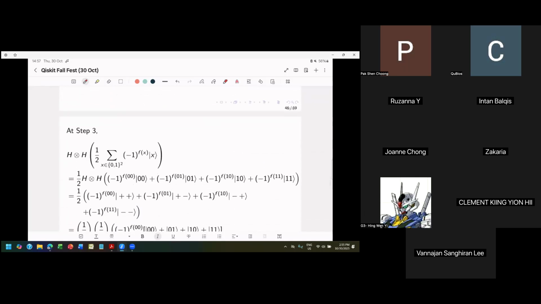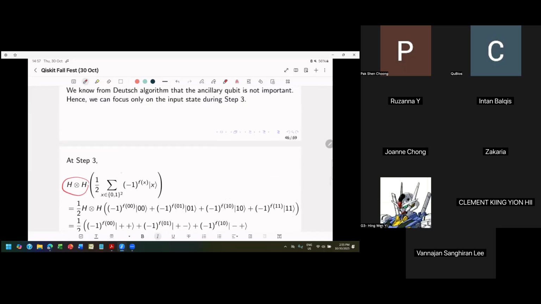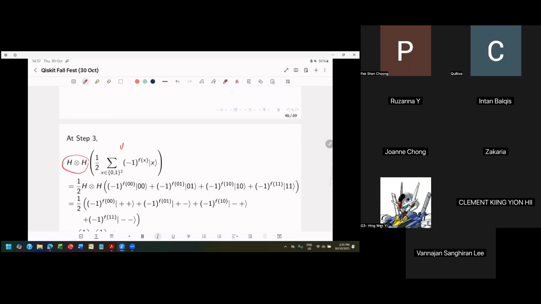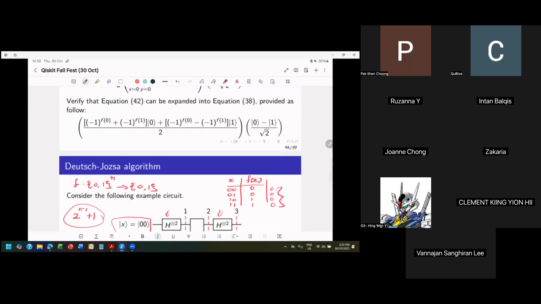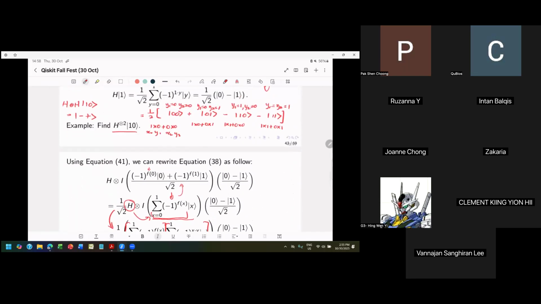So now step 3, we have 2 Hadamard gates acting on this state. This is where we make use of these results.